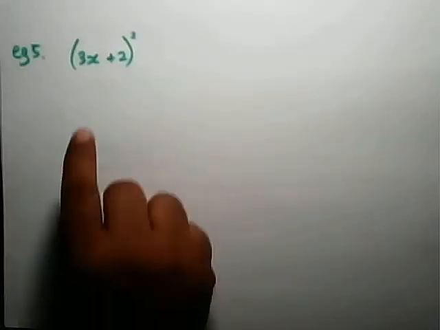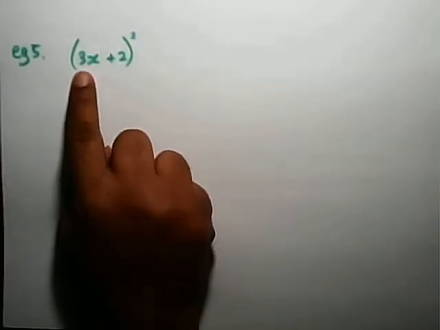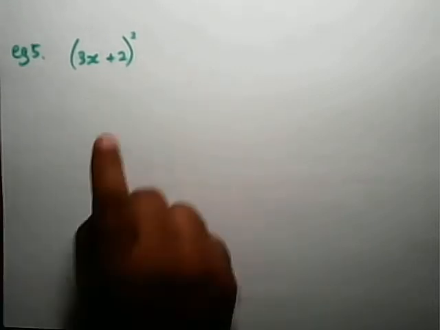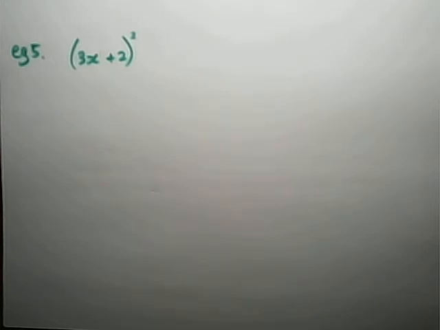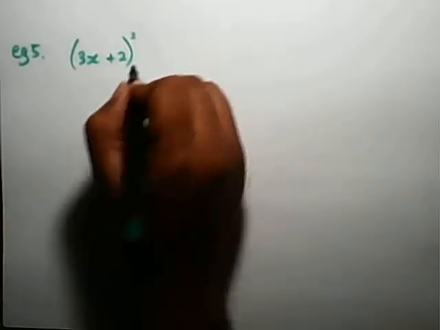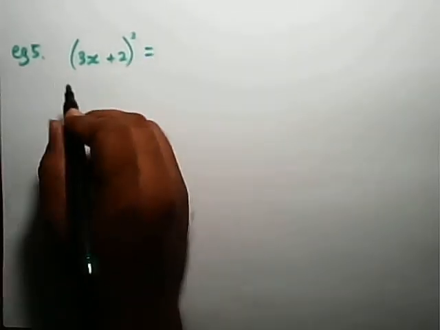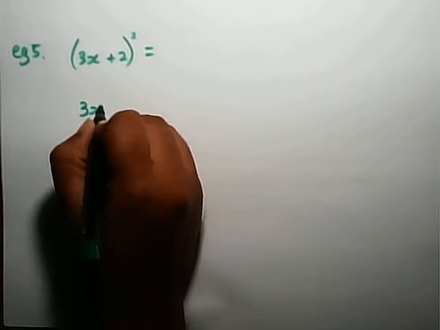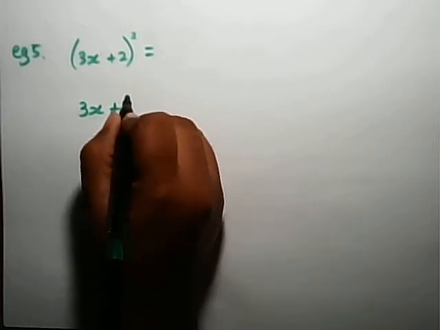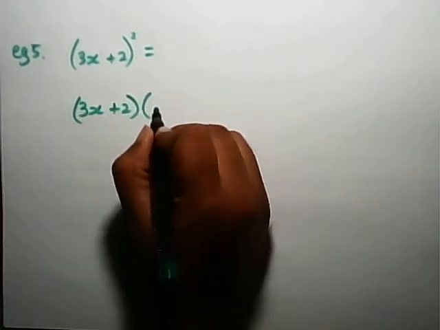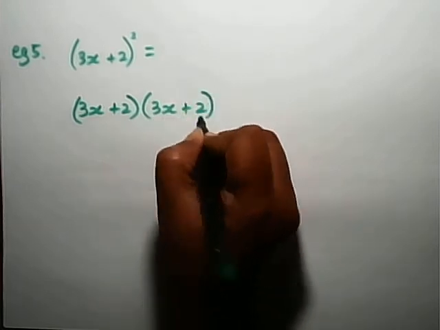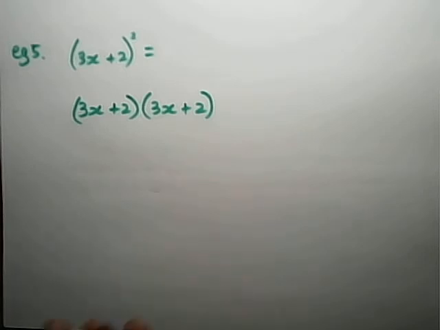Okay, so we have brackets here. In brackets, 3x plus 2, and the entire brackets is being squared. So 3x plus 2 squared is going to be equal to the brackets times itself. It will be 3x plus 2 multiplied to itself, 3x plus 2. Don't forget what squared means, okay?